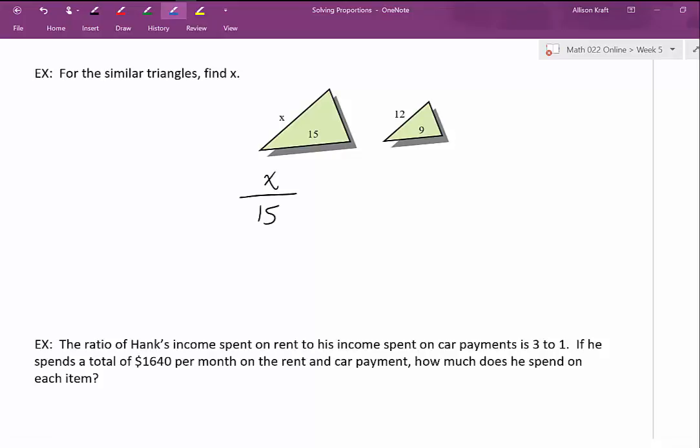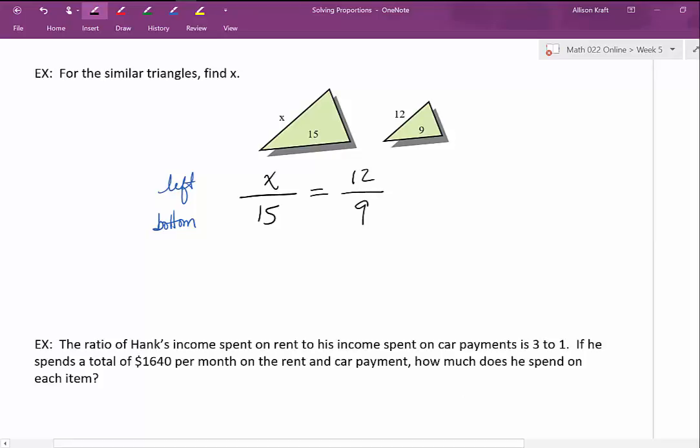I'm going to make a note to myself that the side on the left is in the numerator and the side on the bottom is in the denominator. I need to make sure I'm consistent when I write the other half of my proportion. For the smaller triangle, the number on the left is 12 and the number on the bottom is 9.